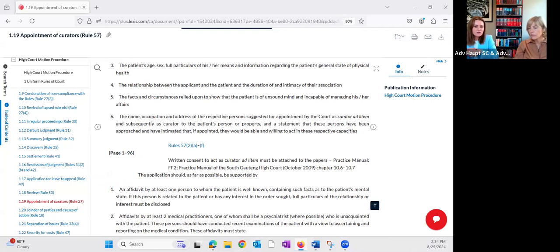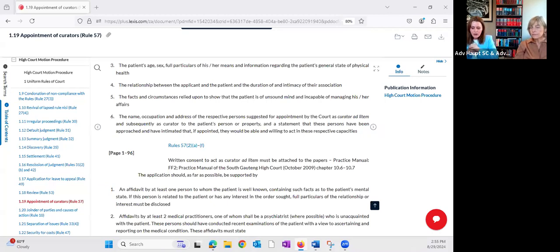This is an application for the appointment of a curator ad litem to investigate whether or not the patient is capable of managing his or her own affairs, and then also for the appointment of a curator personae and or a curator bonis. And this just sets the table for the judge to understand, oh, this is an application in terms of Rule 57.